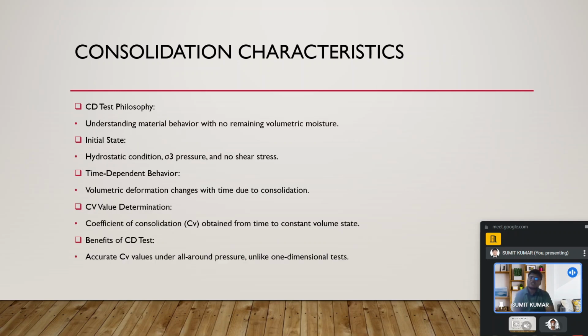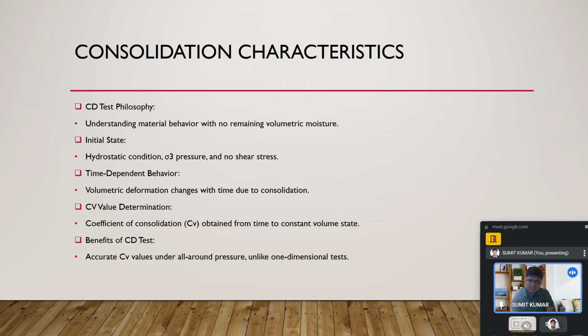Moving ahead, the consolidation characteristics, the CD test philosophy: understanding the material behavior with no remaining volumetric moisture, the initial state, the hydrostatic conditions, sigma 3 pressure, and no shear stress. When we talk about the time dependent behavior, the volumetric deformation changes with time due to consolidation, and the CV value determination. The value CV here is the coefficient of consolidation, obtained from the time to constant volume rate.